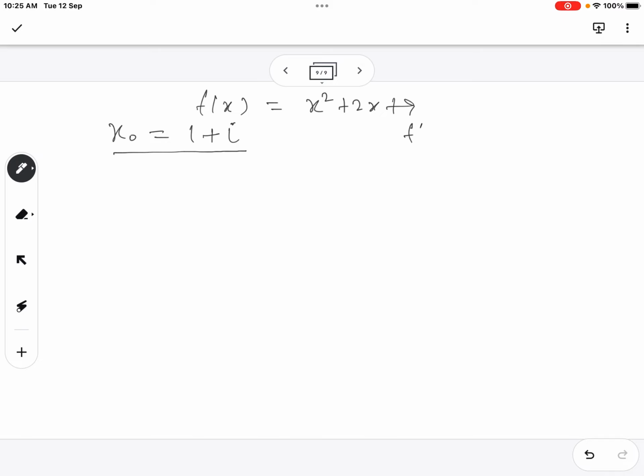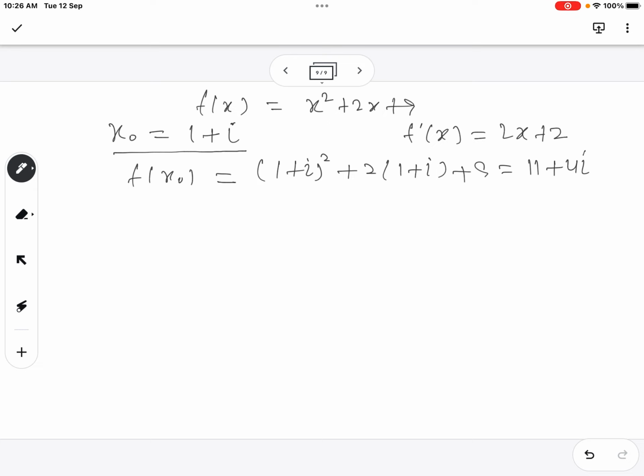Now the derivative of this function is 2x plus 2. So the functional value at x naught, if I solve it, 1 plus i whole square plus 2 into 1 plus i plus 9, comes out to be equal to 11 plus 4i. And similarly, the derivative of this function will be equal to 4 plus 2i.